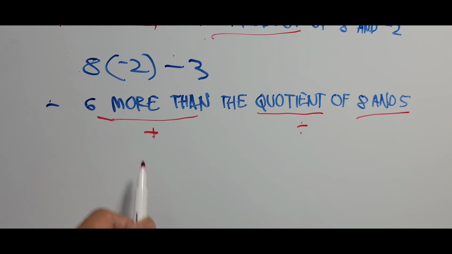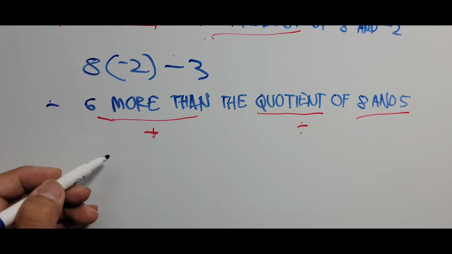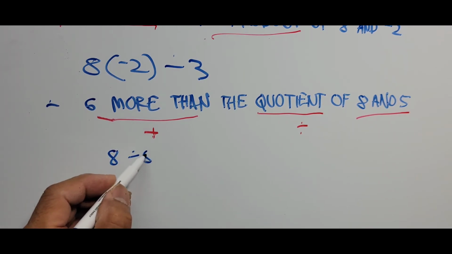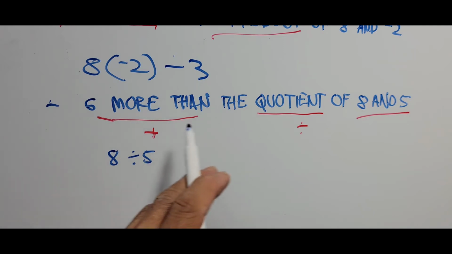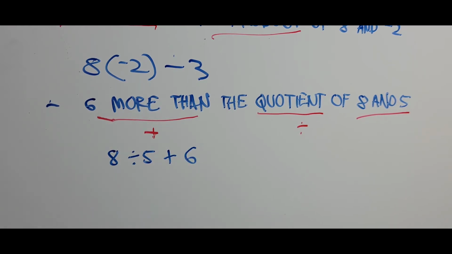So it says here 6 more than the quotient. Now, you have to write down the quotient of 8 and 5. How would you write that down? Quotient, that's division, the answer of division. So the quotient of 8 and 5, so 8 divided by 5. And then it says 6 more than the quotient. So that is plus 6. Right? That's how it's written.